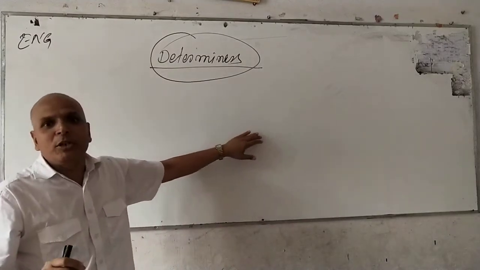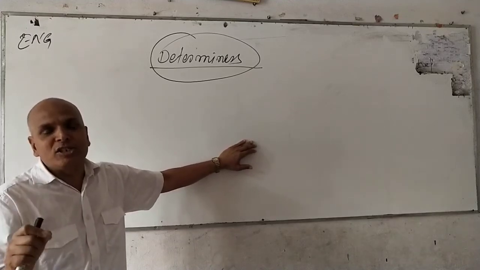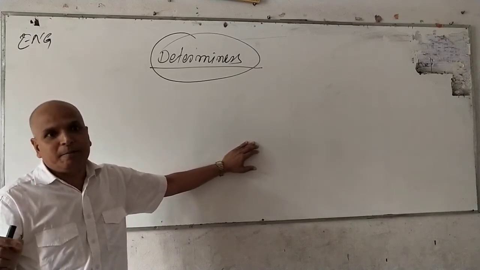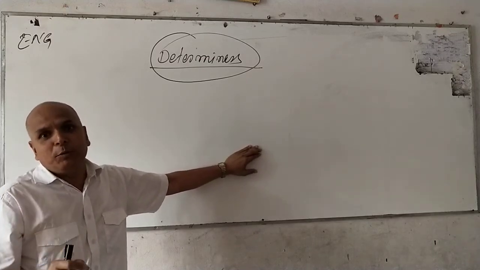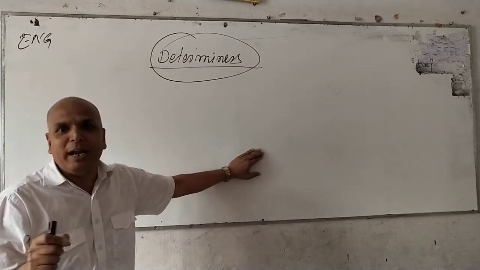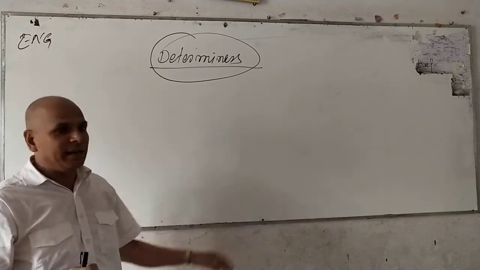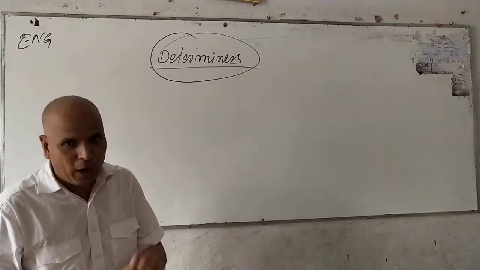First of all, some of the students raised the doubt: what is the difference between adjective and determiner? I already told you and gave you the 5 differences between adjective and determiner one by one with examples. That means you should go properly through video 1.